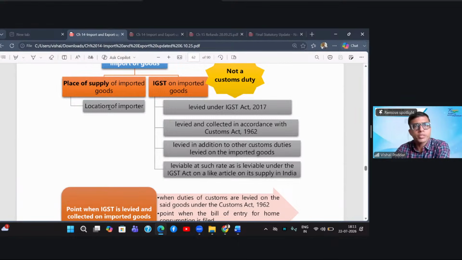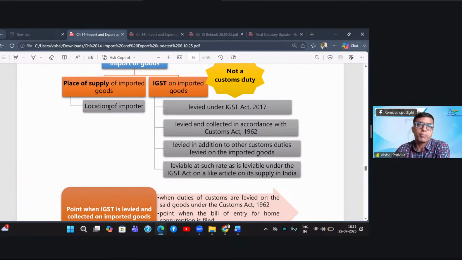Now somebody of you may say, sir, what is the difference? So I'll give you an example. I am a businessman registered in Bhopal, which is falling in MP state. Now I order some goods which are coming from UK. These goods would be landing at our Mumbai port because that is the port where the ship would be reaching and the goods would be unloaded.